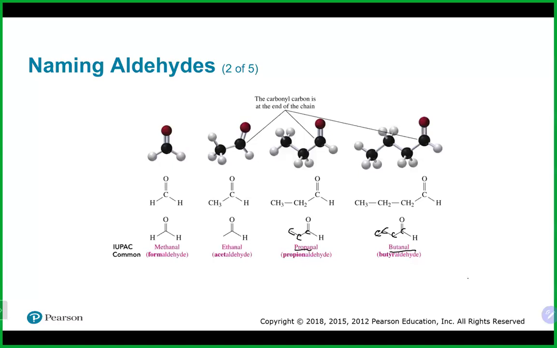And although we do not need to give the location of the carbon-oxygen double bond, or that carbonyl carbon, which, by the way, is what this carbon is sometimes referred to, that carbonyl carbon is always going to be carbon number 1 for purposes of naming any other groups that may be attached there. Again, methanal and formaldehyde are probably the ones that you do need to know for sure.